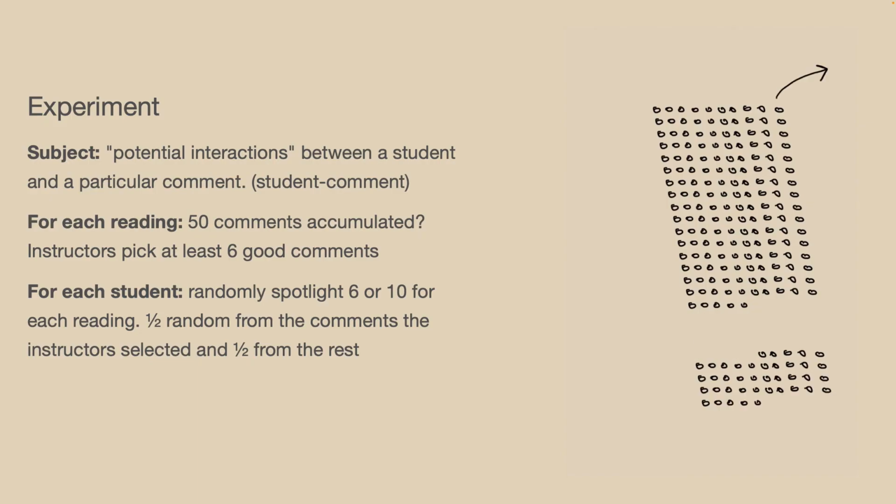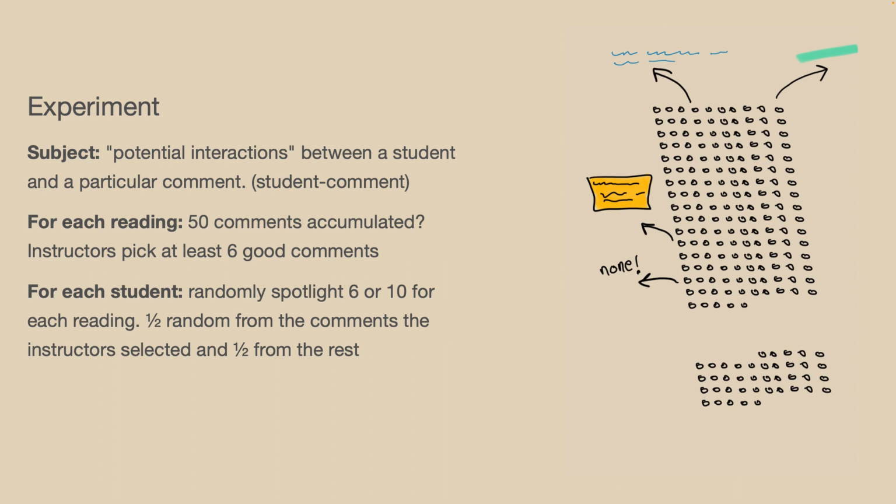For our experiment, we set aside a portion of the students as our true control group. The rest was divided into randomly assigned treatment groups. The subject in our experiment was the potential interactions between a student and a particular comment. So that's student-comment pairs. For each student, we randomly spotlit 6 or 10 for each reading.